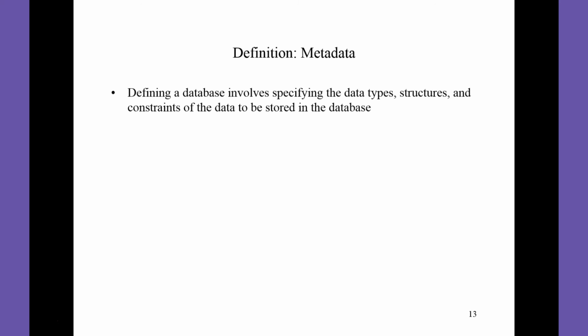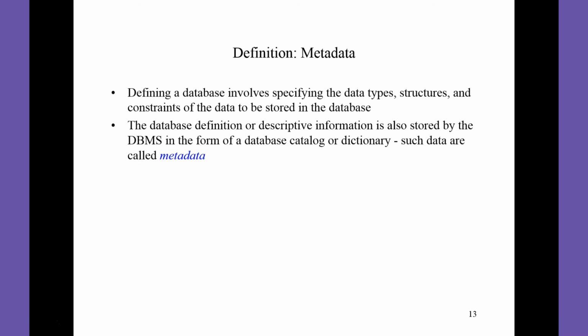Defining a database involves specifying the data types, the structures, and the constraints of the data to be stored within the database. The database definition or descriptive information must also be preserved in some way. It will be stored within the DBMS. It takes the form of what is sometimes called a database catalog. This data is referred to as metadata.